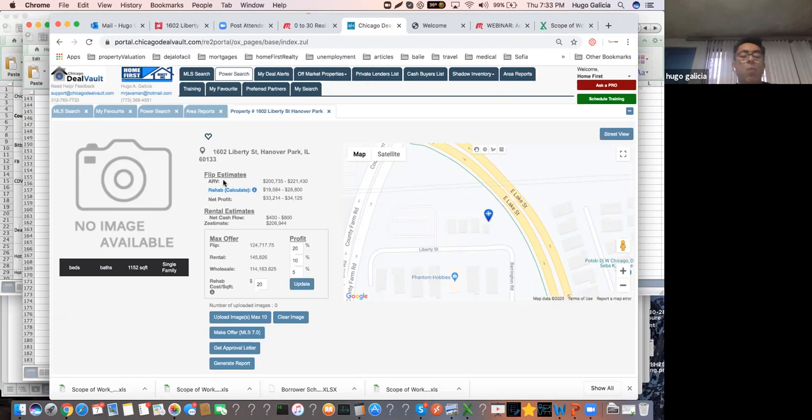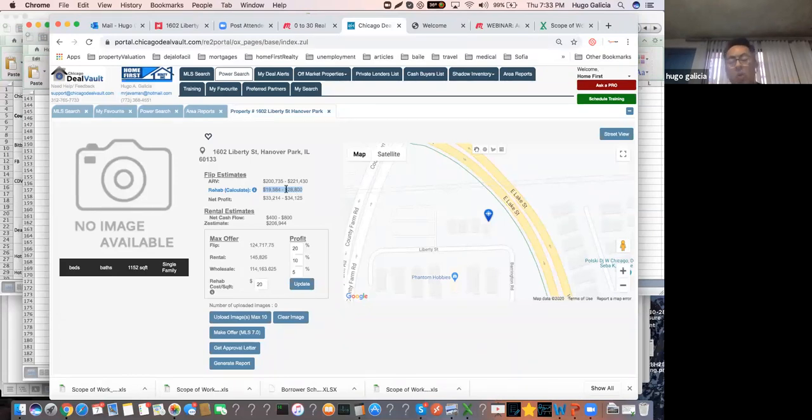The minute you spend more than 35, 40,000, that's not a light to medium rehab, right? So right off the bat, the most you should pay for the property, we said 124, assuming you're going to spend no more than 30,000, but just by looking at the inside, it's going to be way over 35,000. So it's not worth it.